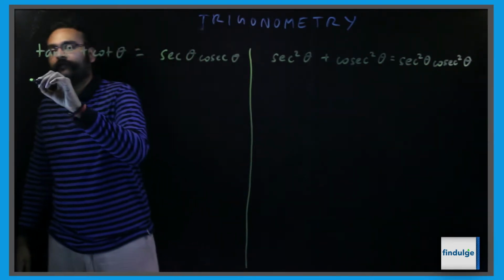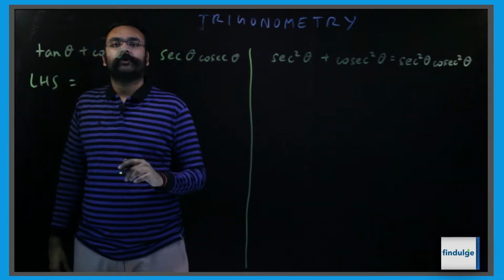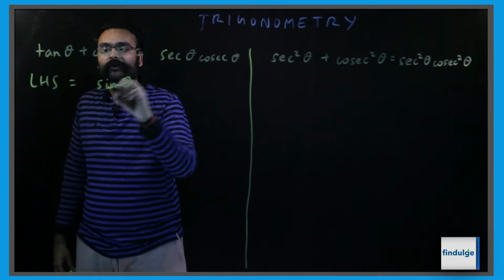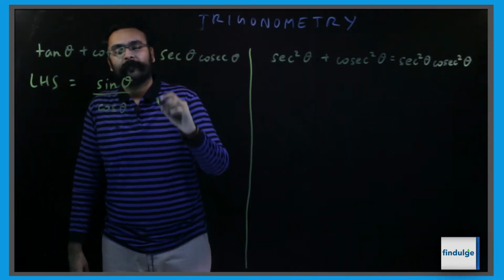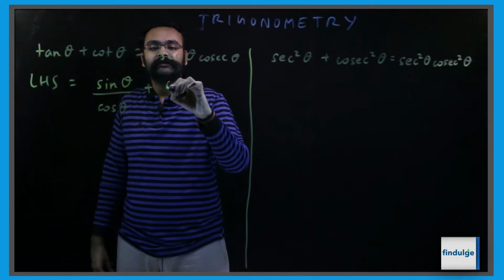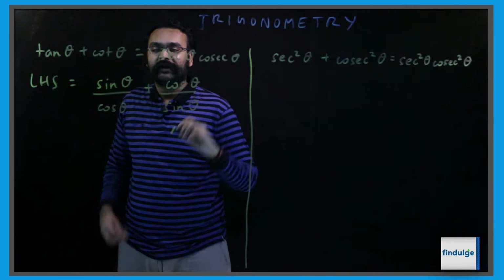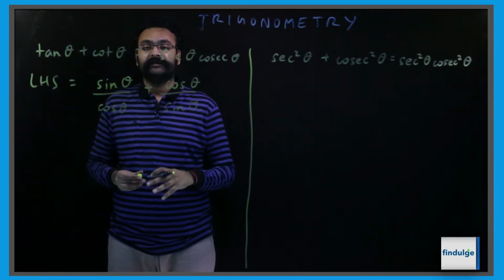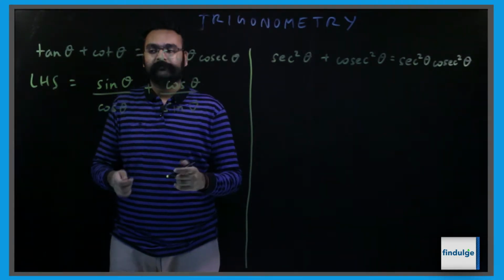So we write LHS. Now tan theta plus cot theta, which I will rewrite as, we know tan is sine upon cos, as we discussed when making the table. And we know that cot is cos upon sine. Okay. Now looking at this, there isn't too much else I can do other than take the LCM.